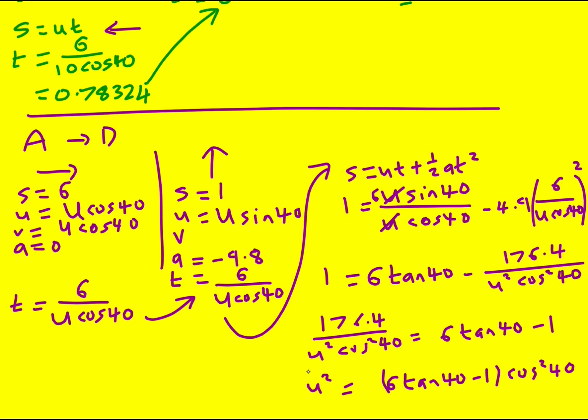And I just realized, sorry, this is still 1 over U squared. So if I want U squared, I'm going to have to divide through. I'm going to times through by U squared cos squared 40, and divide through by everything. So I end up with U squared on one side, and it's going to be 176.4 divided by all of this.